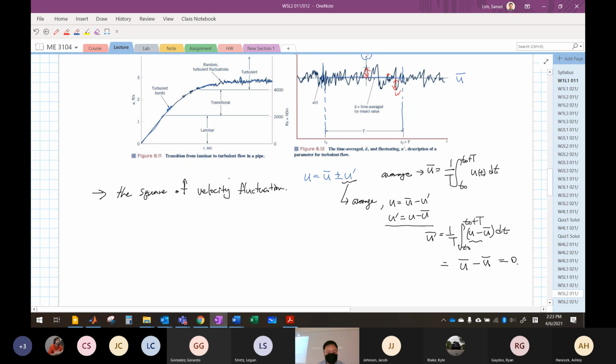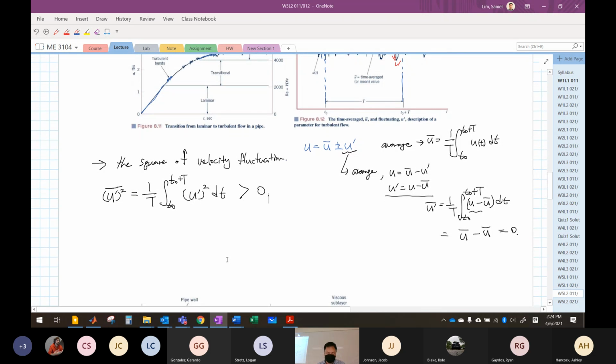We take the square of the fluctuation, then get the average. That way, it always gives you a positive value. This whole thing has to be always positive. If it's 0, it means you have a laminar flow.